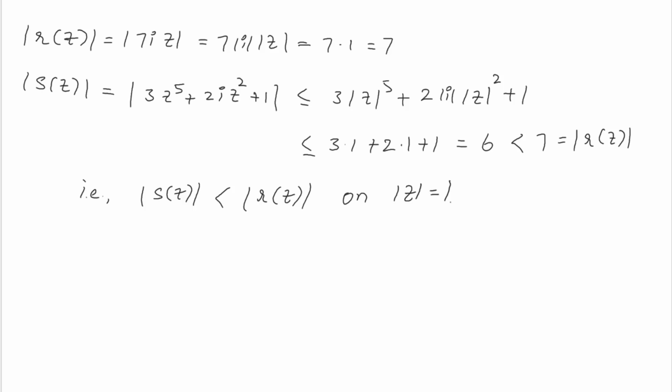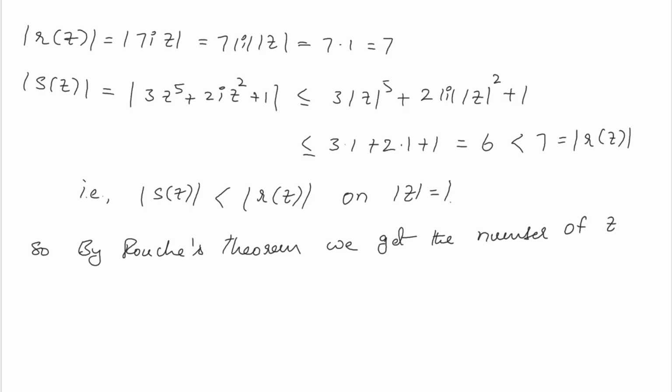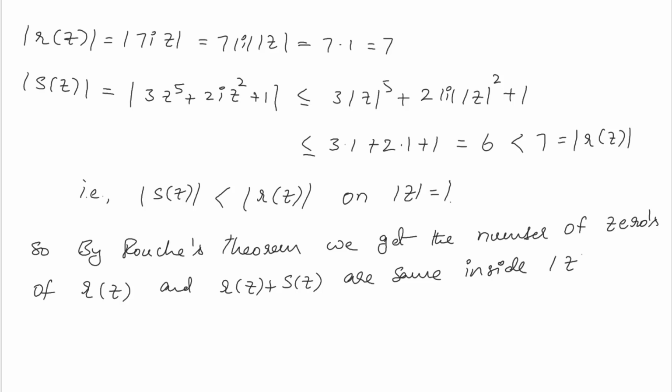So now again by Rouche's theorem, we get the number of zeros of r of z and r of z plus s of z are the same inside the circle mod z equal to 1.